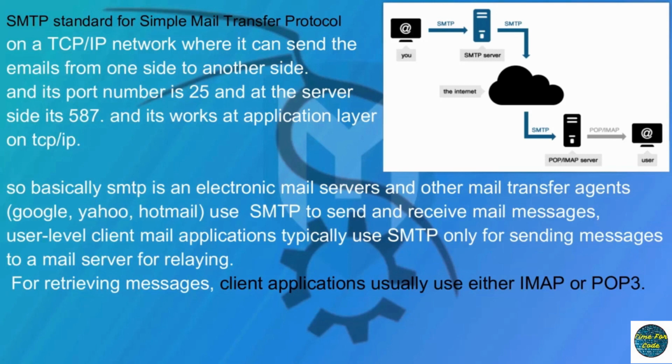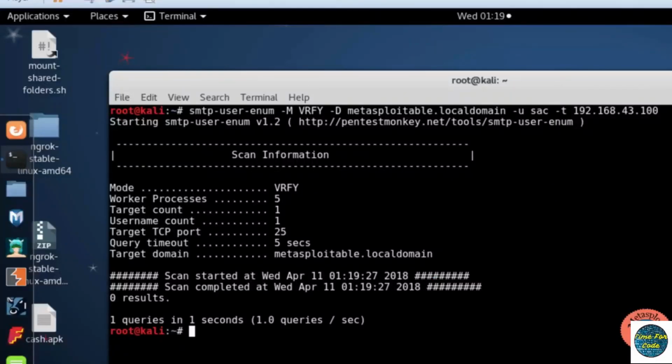So if you want to check whether any user exists on an SMTP server, then you need to use this command: smtp-user-enum -M, that is mode VRFY for verification, -d, that is domain, metasploitable.local domain, it's a server protocol, -u, that is username, and -t, target, and the IP address.